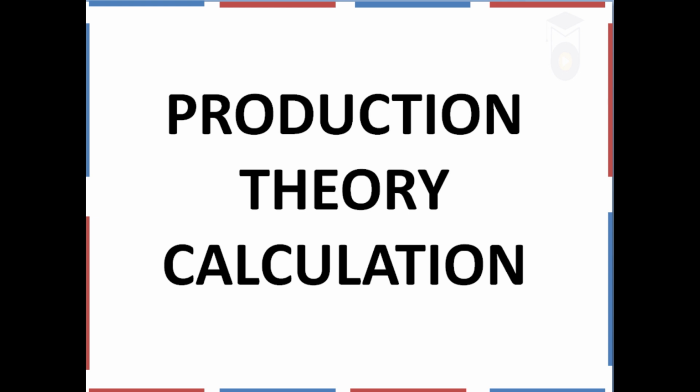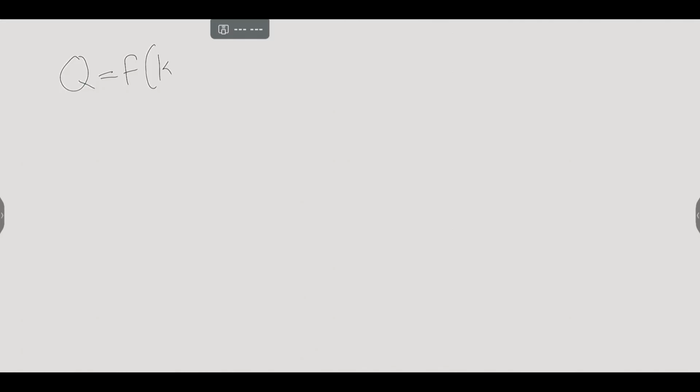So now we'll be moving to calculation aspects. I'll just be explaining using the notes, and maybe some past questions, but I'll majorly be explaining the examples in the notes. And the first example says, given a production function q equals f(k, l).